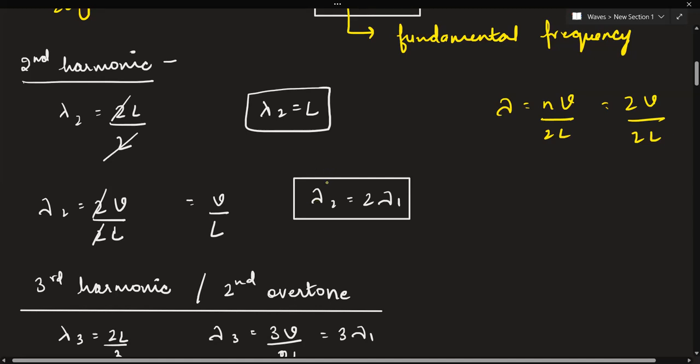This second harmonic that we are getting, apart from being called the second harmonic, is also called the first overtone. So for the second harmonic we have the first overtone; then for the third harmonic, which overtone should be there?